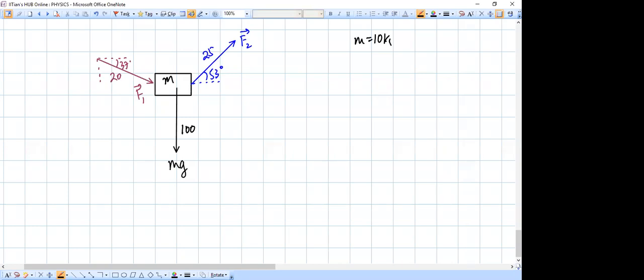And the floor is pushing it up with yet another force, which is the normal contact force. And that is the normal reaction which we have to calculate. Okay.